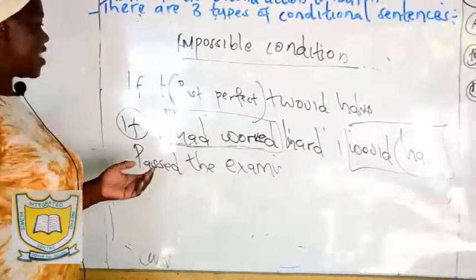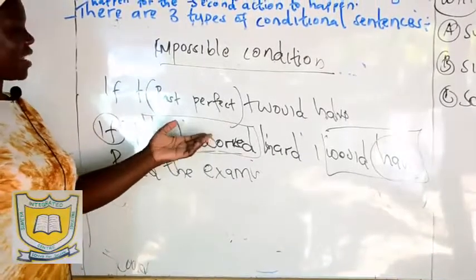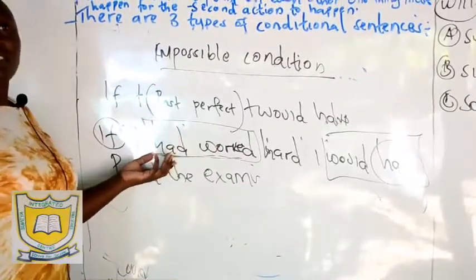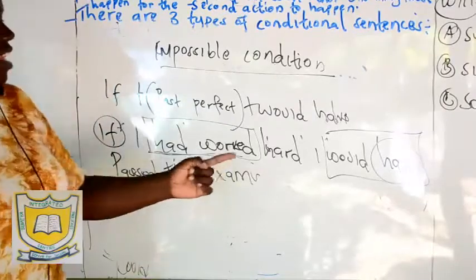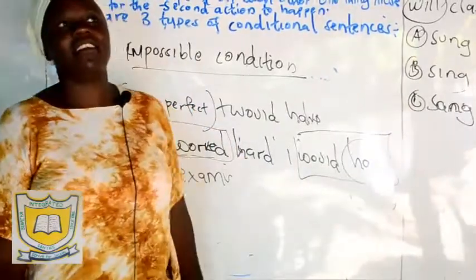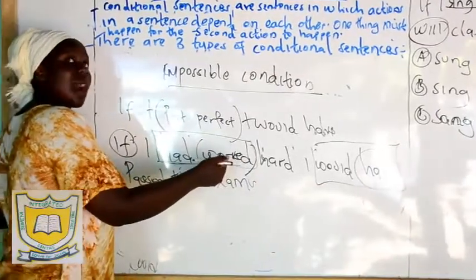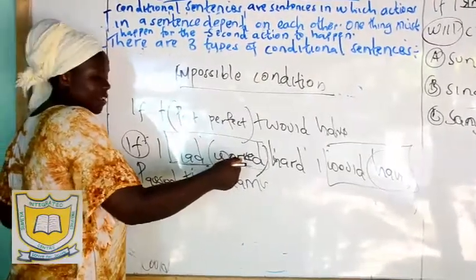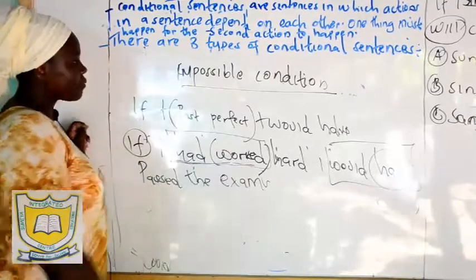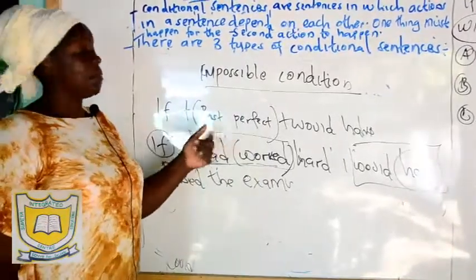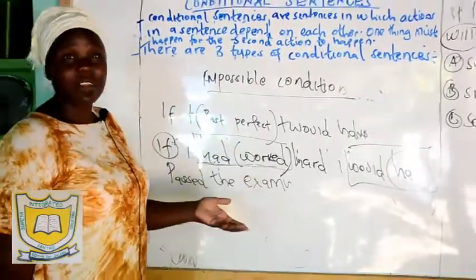Any moment you see had, which is the past perfect tense, and then here you see have, what does that tell you? You should have here a past participle. I said a past perfect is formed by had plus a past participle.